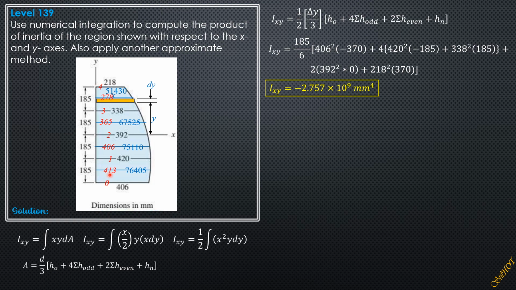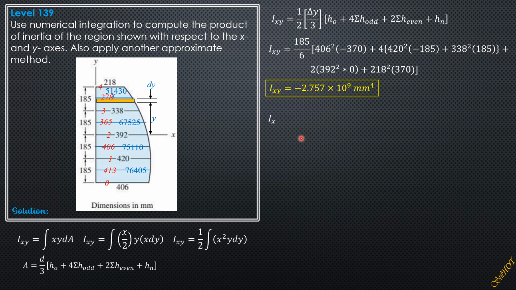So for this area here, negative 185 plus half of 185, that's negative 92.5, and negative 277.5.